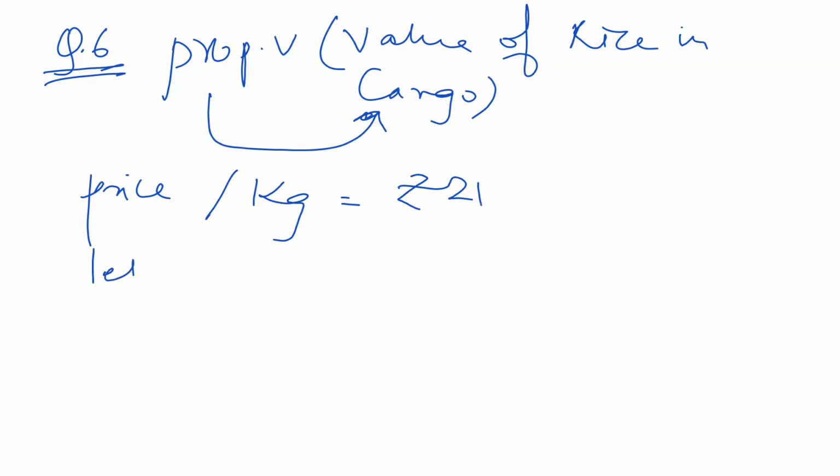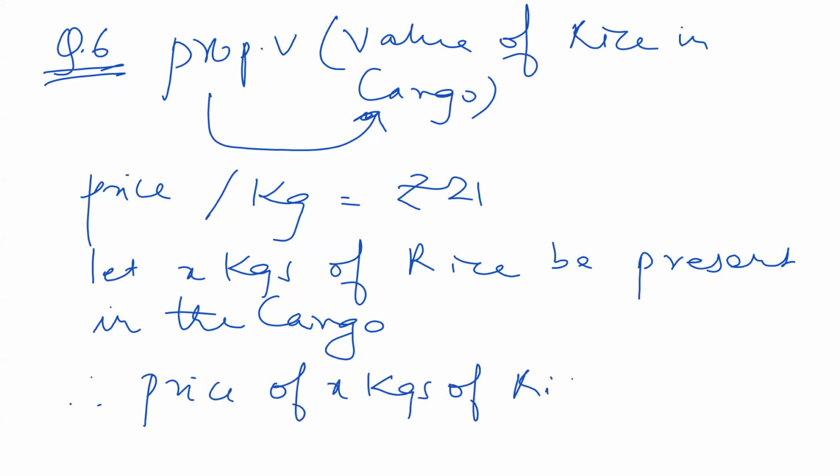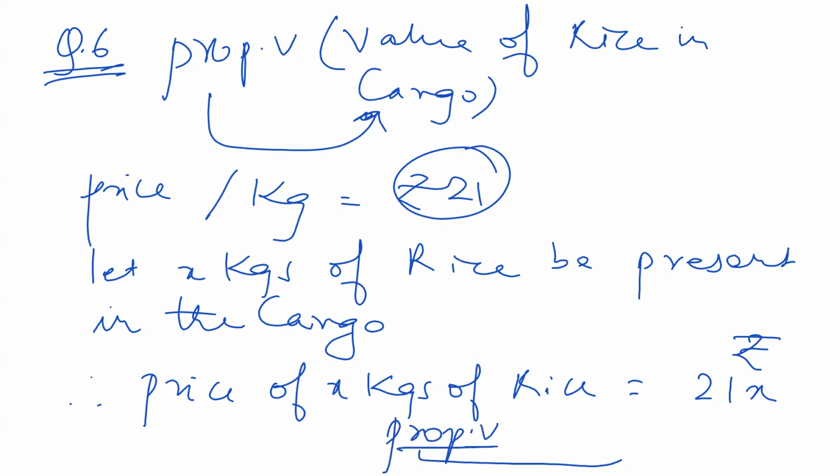Let x kgs of rice be present in the cargo. Therefore, price of x kgs of rice: see, 1 kg rice is 21 rupees, so x kgs will be rupees 21x. So this is the property value. It is the price of x kgs of rice in the cargo.